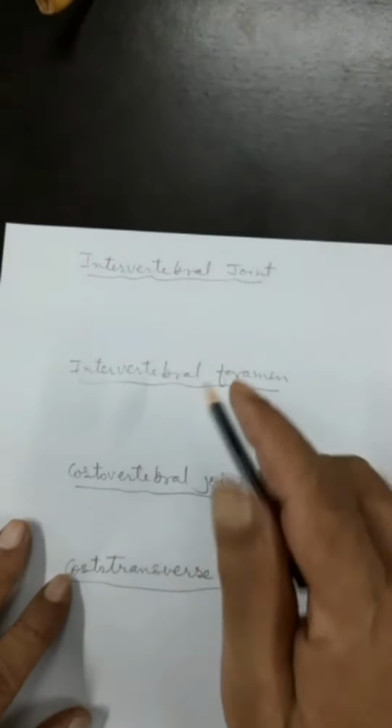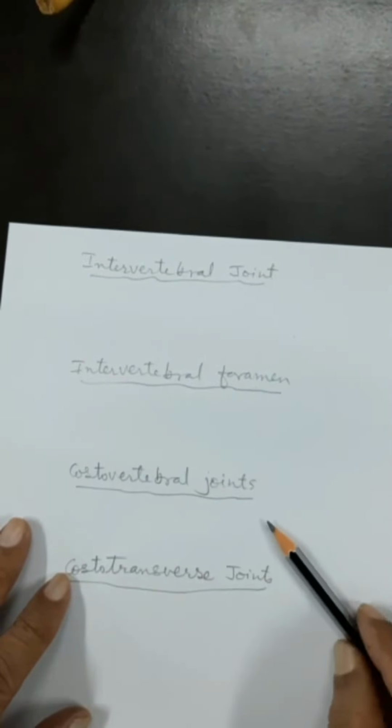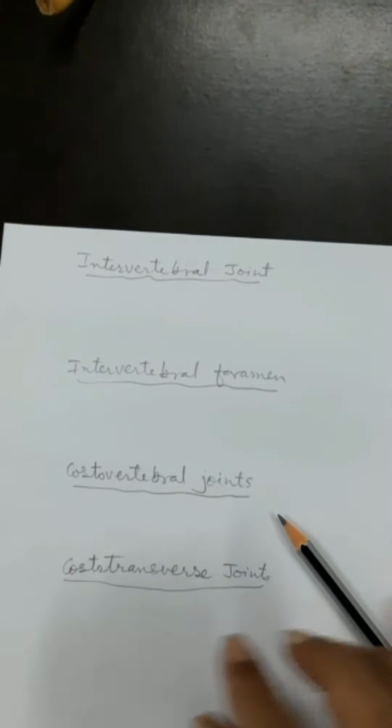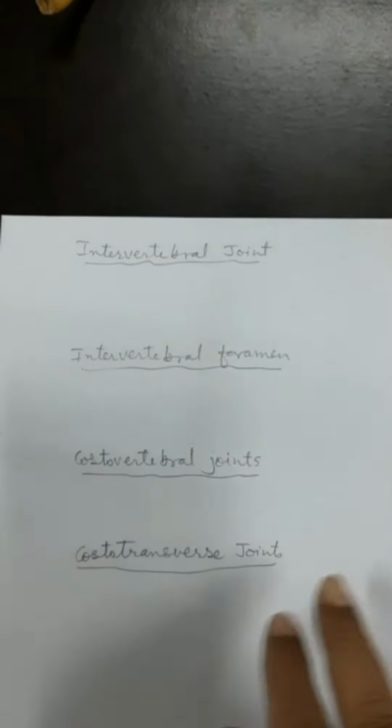Now we come to the intervertebral joint. I was saying that I will show you a diagram for the intervertebral joint. This is the inferior and superior articular notch, and this is a diagram which I have taken from my own book.